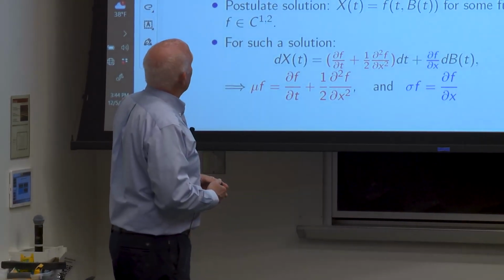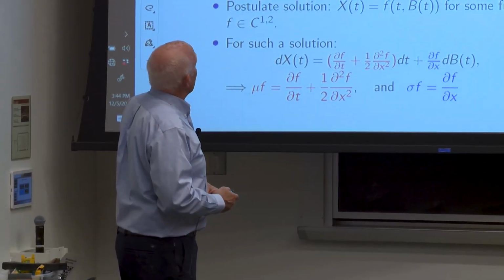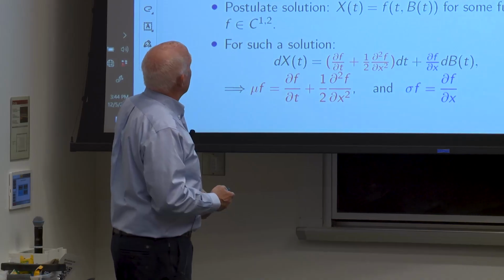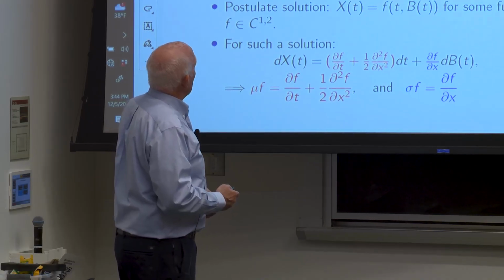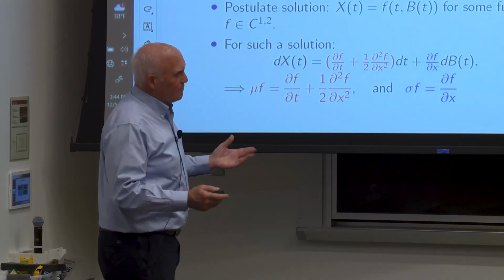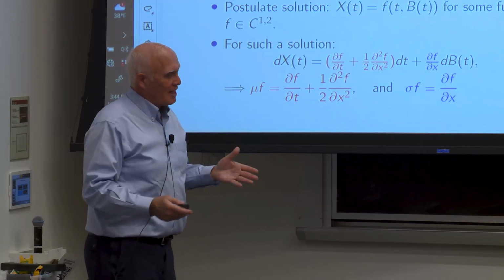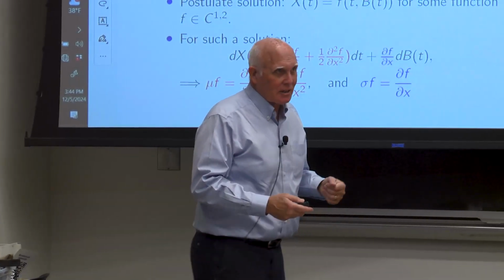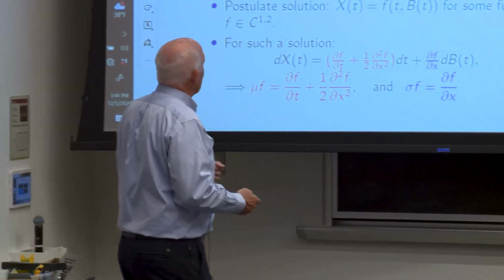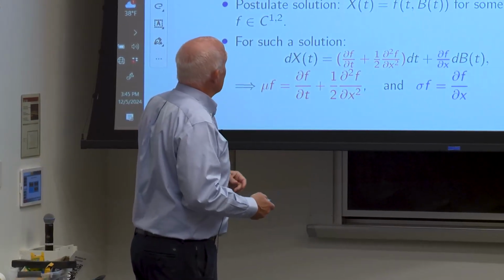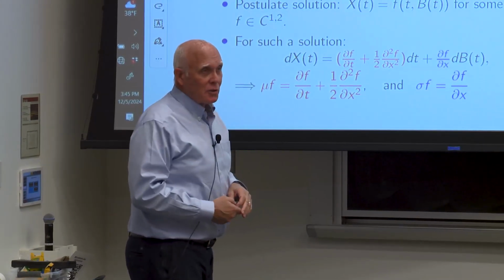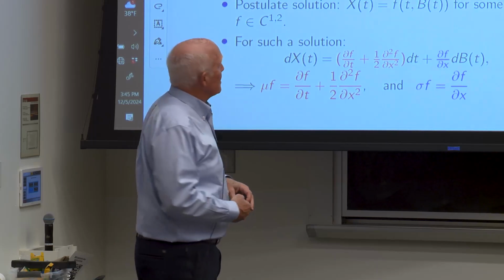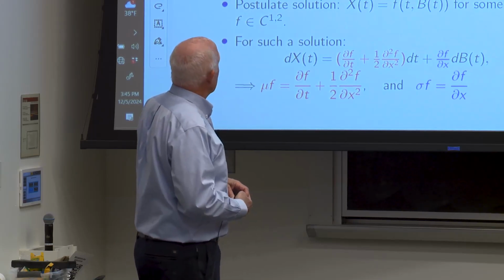And a really important theorem that we won't get into, but which is dealt with in advanced books on stochastic calculus, deals with the existence and uniqueness of solutions to these stochastic differential equations.